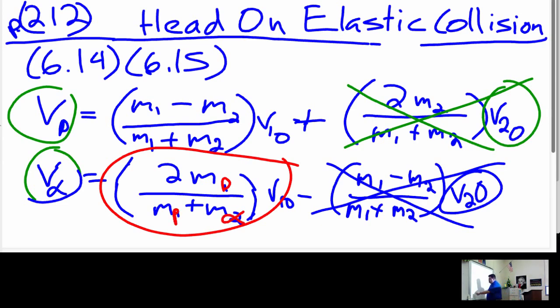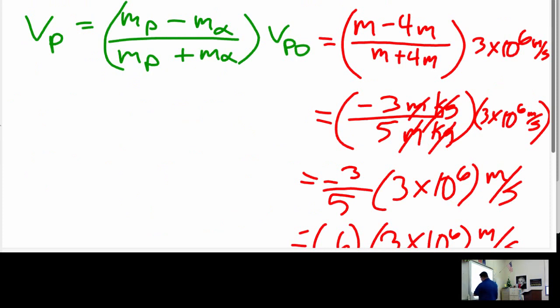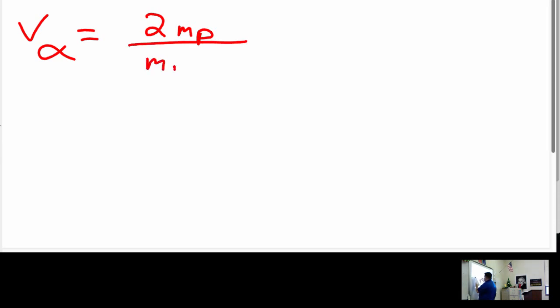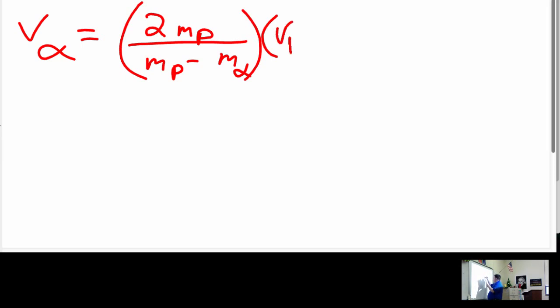So the final velocity for the alpha particle is just going to be 2 MP over MP minus M alpha times the initial velocity of the proton.